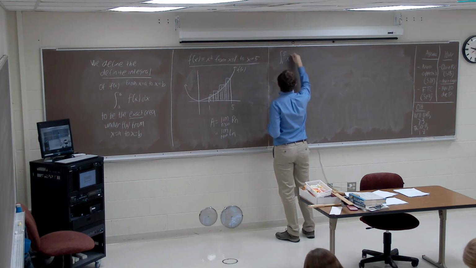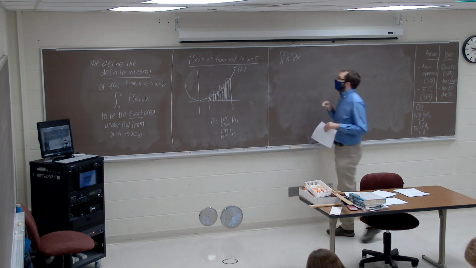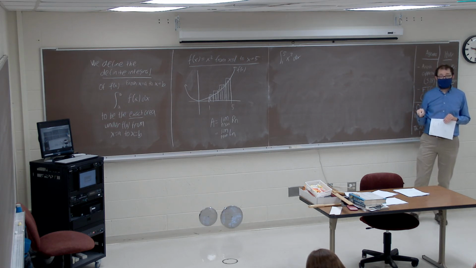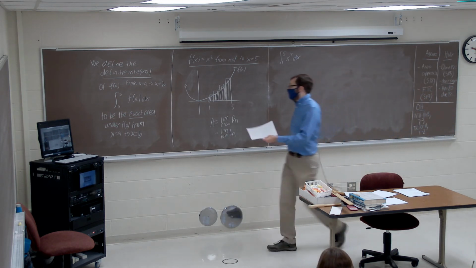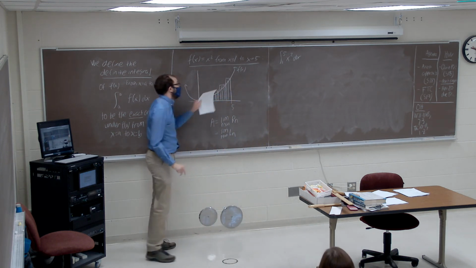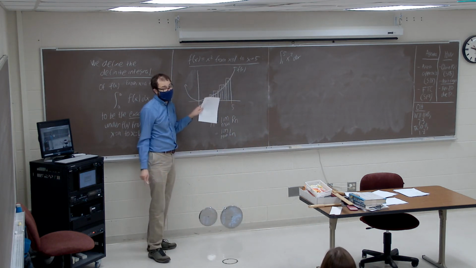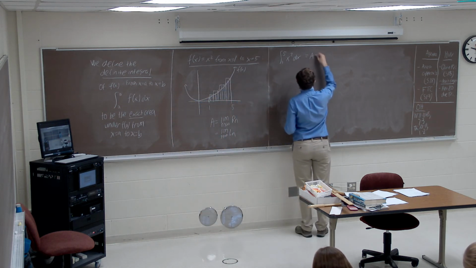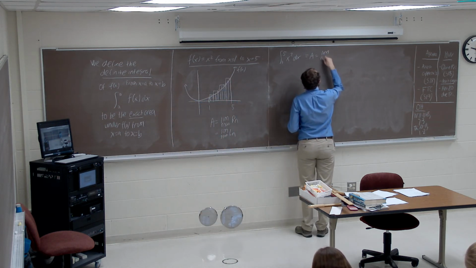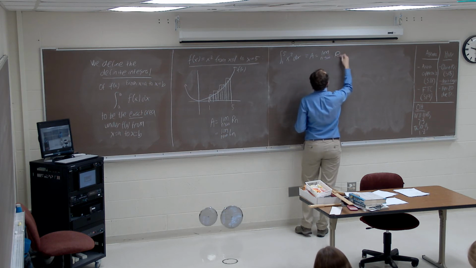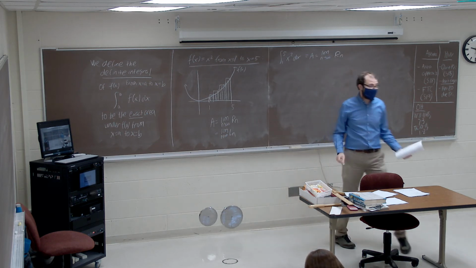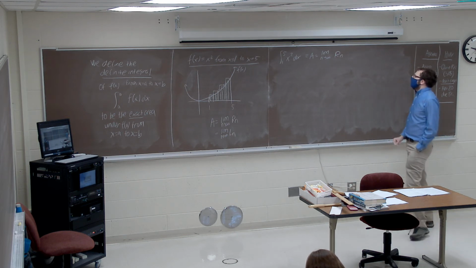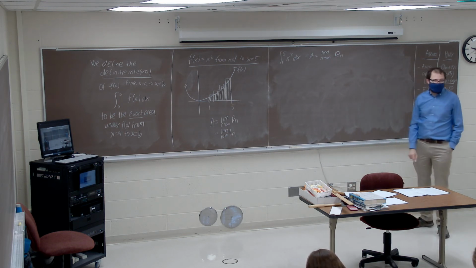So I'm going to write this as the definite integral of x squared from x equals 1 to x equals 5, which according to this notation just means find the area underneath f of x from 1 to 5 exactly. And the way we're going to do that is find an expression for R sub n using n rectangles and take a limit as n goes to infinity.